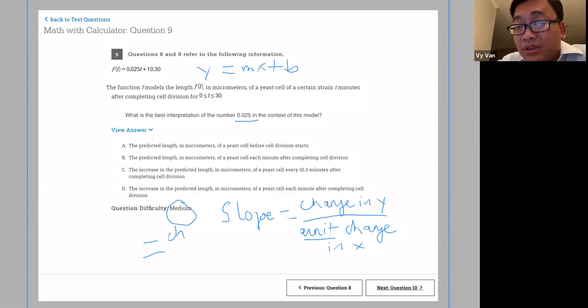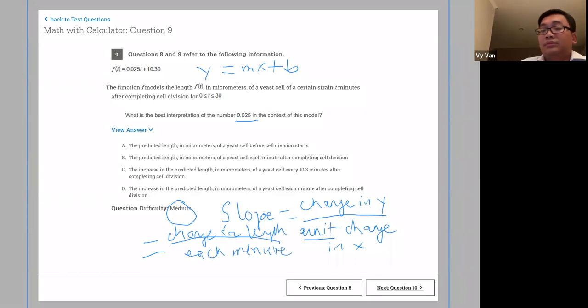So it's a change in length, and it's positive, so it's an increase in length over each minute, because x in this case is time. Okay, so 0.025 means an increase in length over each minute.